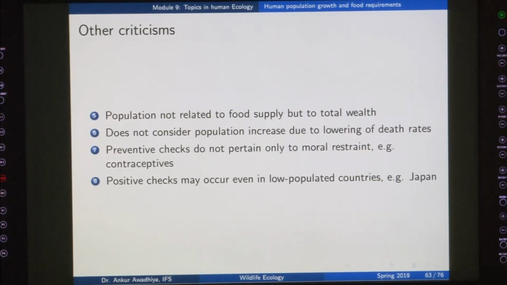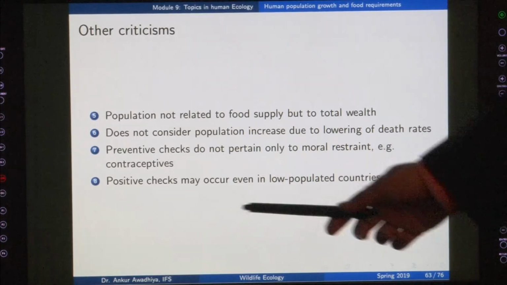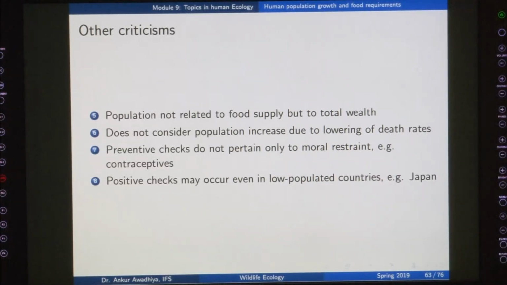And another criticism of Malthus is about the positive checks. He said that positive checks are thrown out by nature if you have a high population in an area. If you have a population that has surpassed the amount of food that is available, only then nature puts in the positive checks like pestilence, diseases, or floods and so on. But we have seen that positive checks may occur even in low populated countries such as Japan.